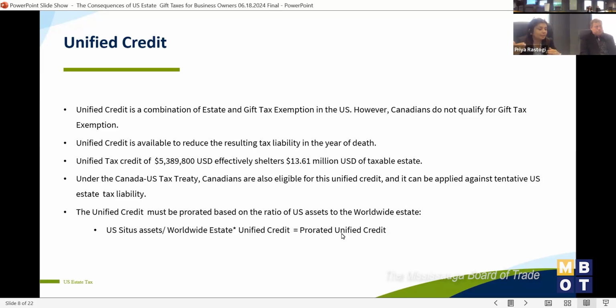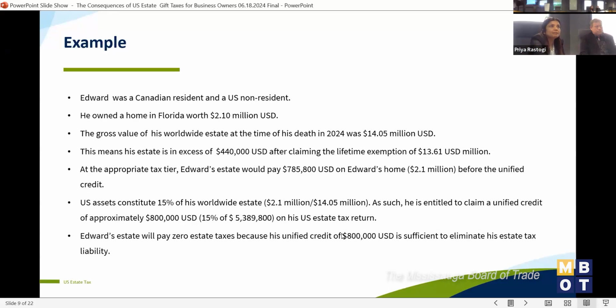You will get a credit of that percentage of your US situs assets from the $5.3 million of taxes that is exempt, and that's free.